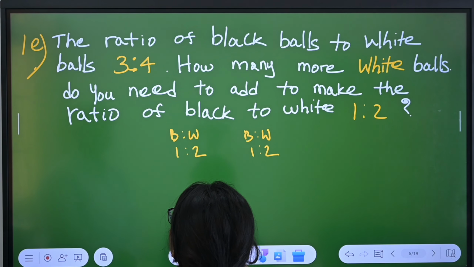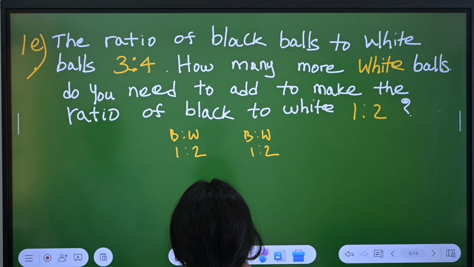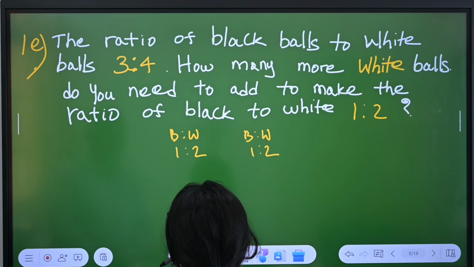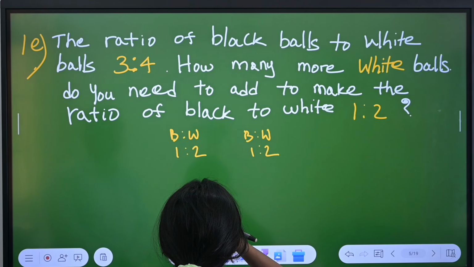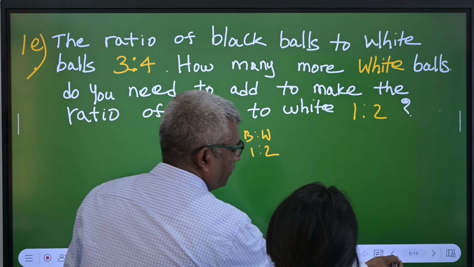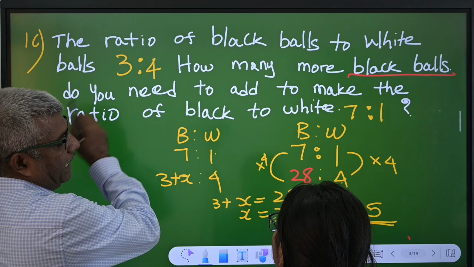So we're making it down? Yes. Now where is your problem? It's not adding black balls, it's adding white balls here. So in all the previous sums, you keep this 4 because black balls are added.